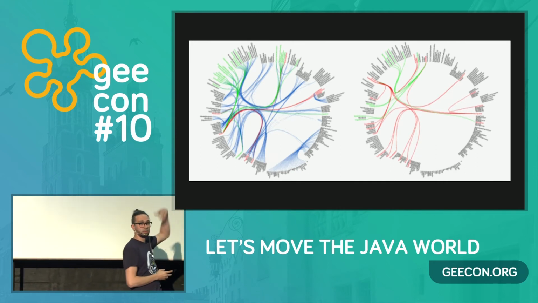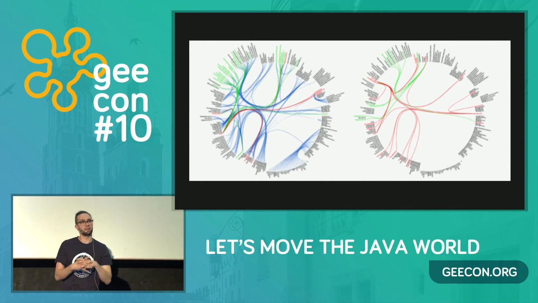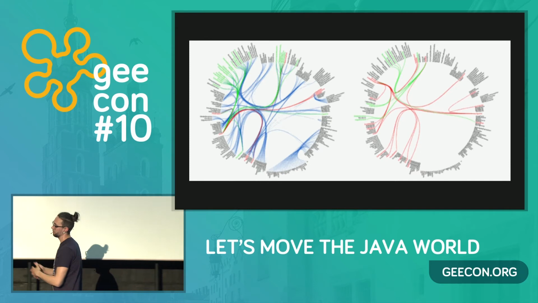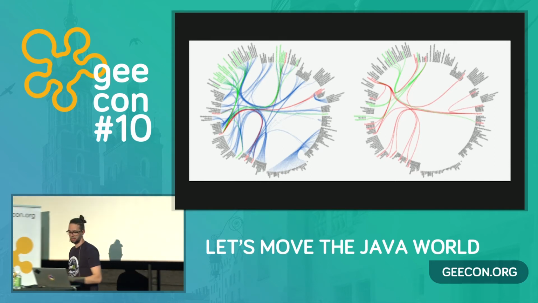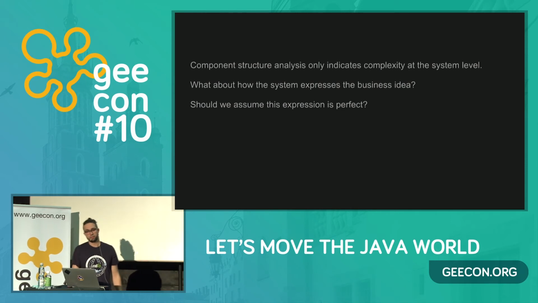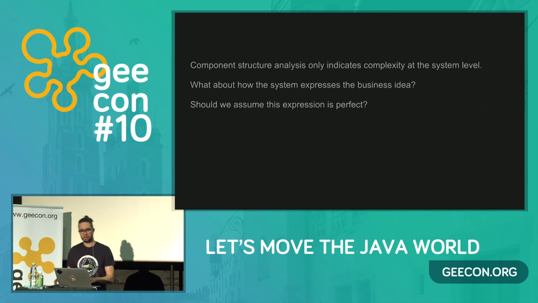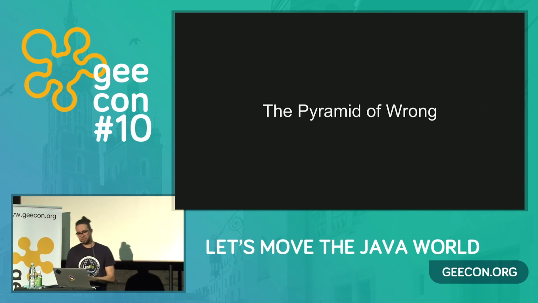So you draw this diagram, you look at the dependencies, and you collapse the components that are very tightly coupled together into a microservice. I haven't tried that myself though. Again, what's the problem? The structure only indicates the complexity at the system level. So what about how the system expresses the business idea?